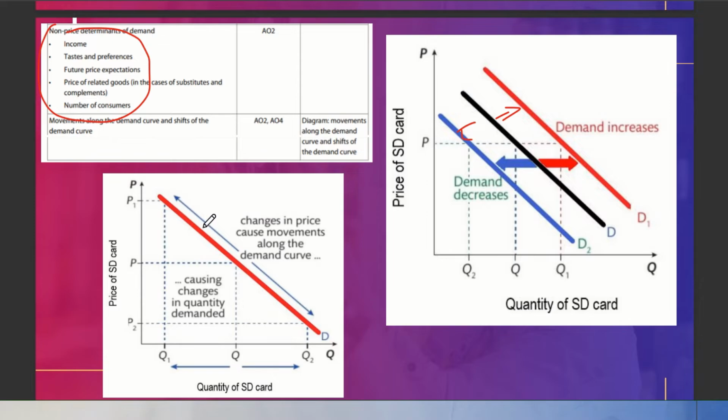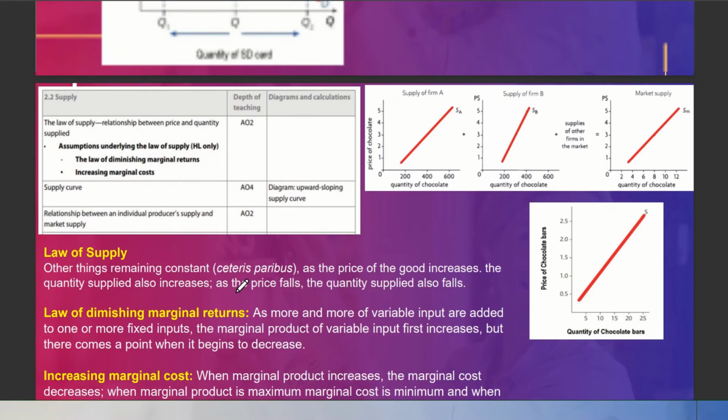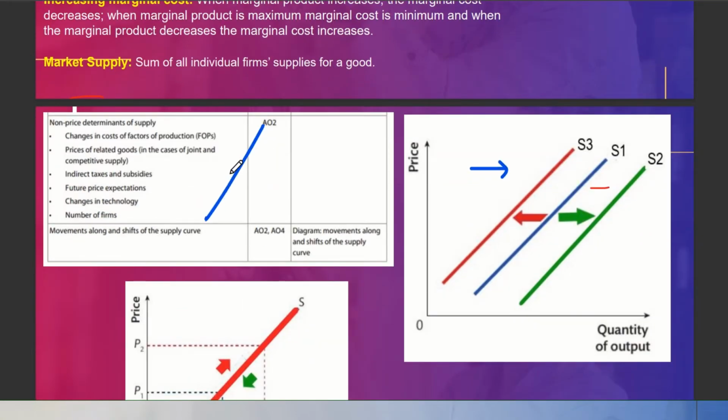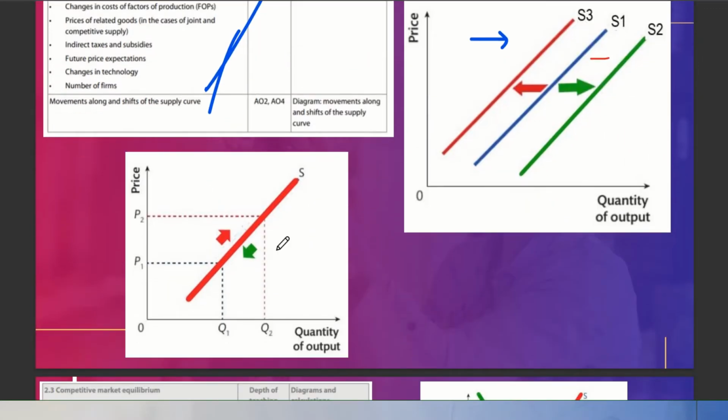Price will affect only quantity demanded. Similarly, non-price determinants of supply only will shift the supply curve rightward or left side, and price will affect only quantity supplied. That is the difference.